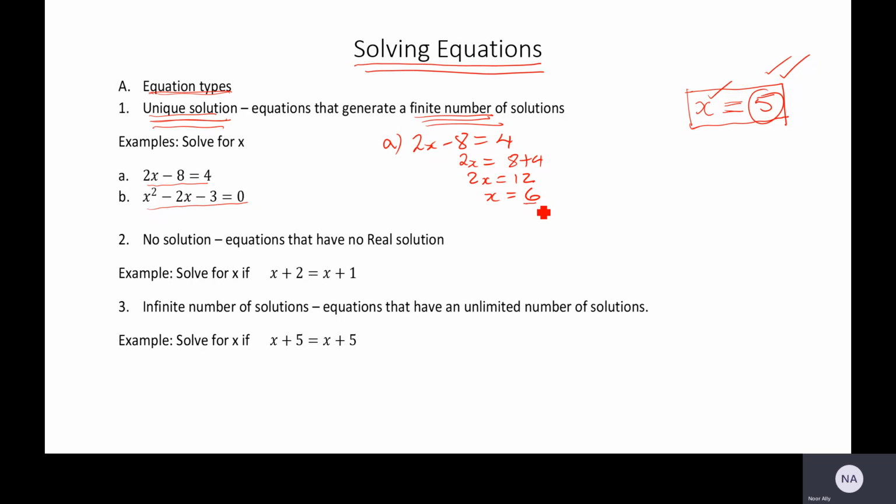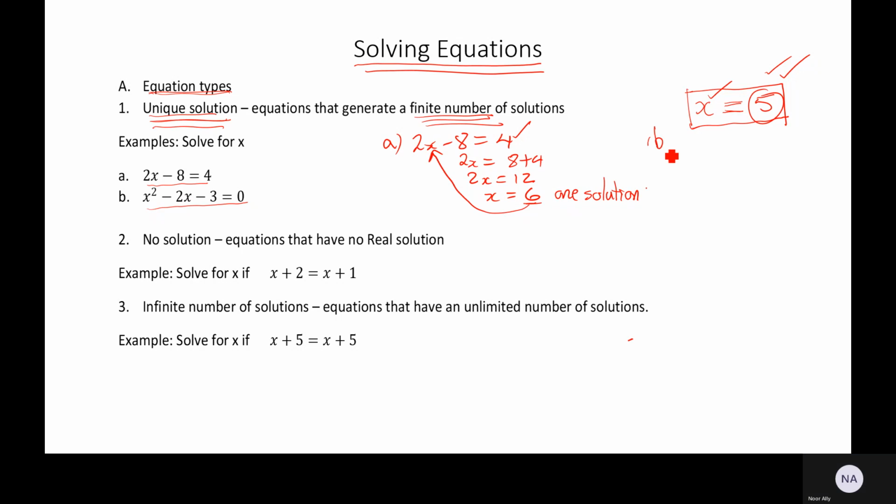And then, of course, you can check this answer. You can substitute back into the original equation. 2 times 6 is 12. 12 minus 8 gives you the 4. But now notice that there's only one solution, only one answer. So there's a finite number of solutions in this equation.